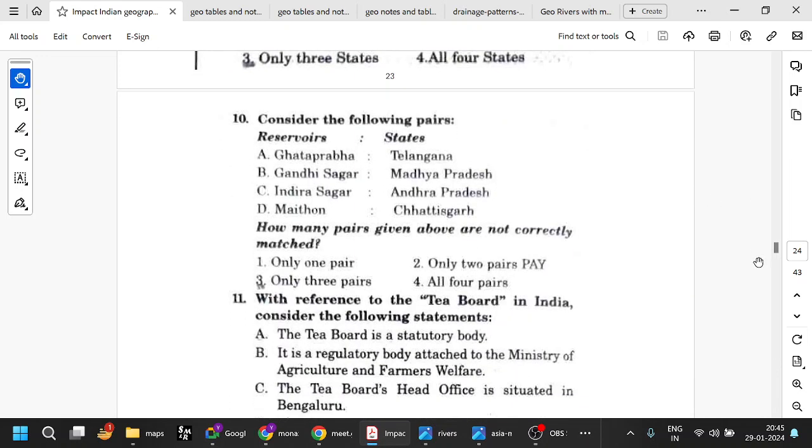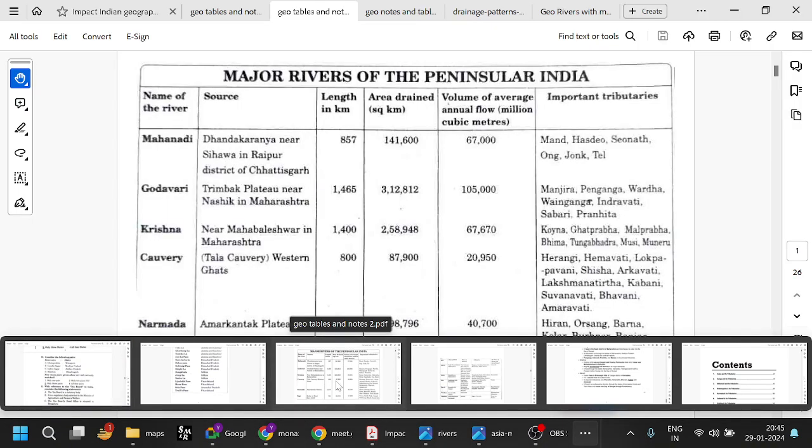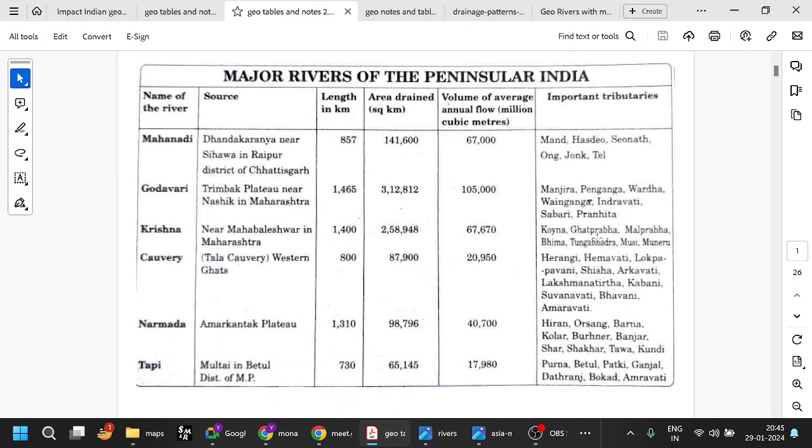So consider the following pairs: Ghataprabha, Gandhi Sagar, Indira Sagar, Maithon. So Ghataprabha, Malaprabha, and all I've already mentioned once, right? Where is that? Okay, see Ghataprabha is Krishna.